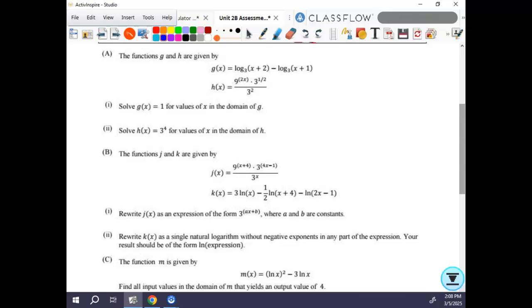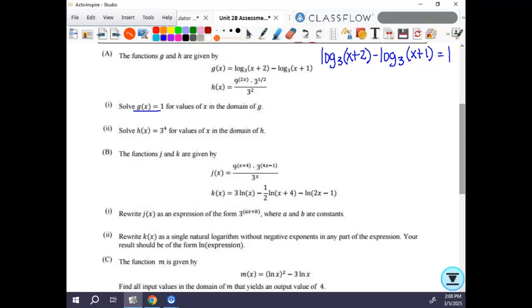The first part says we're going to solve g of x equals 1. So I'm going to take g of x, log base 3 of x plus 2 minus log base 3 of x plus 1, and I'm going to set it equal to 1. Okay.